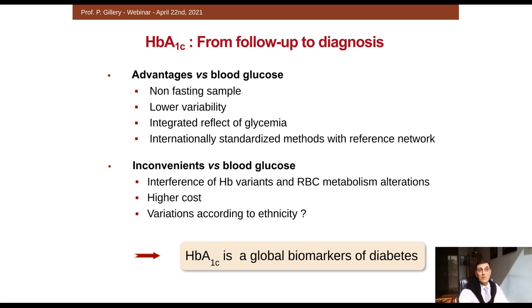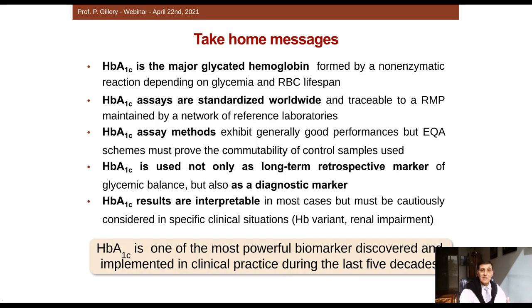This has to be confirmed, but it could lead to the establishment of different thresholds depending on the population. However, now HbA1c, with its role in diabetes follow-up and diagnosis, can be considered a global biomarker of diabetes.